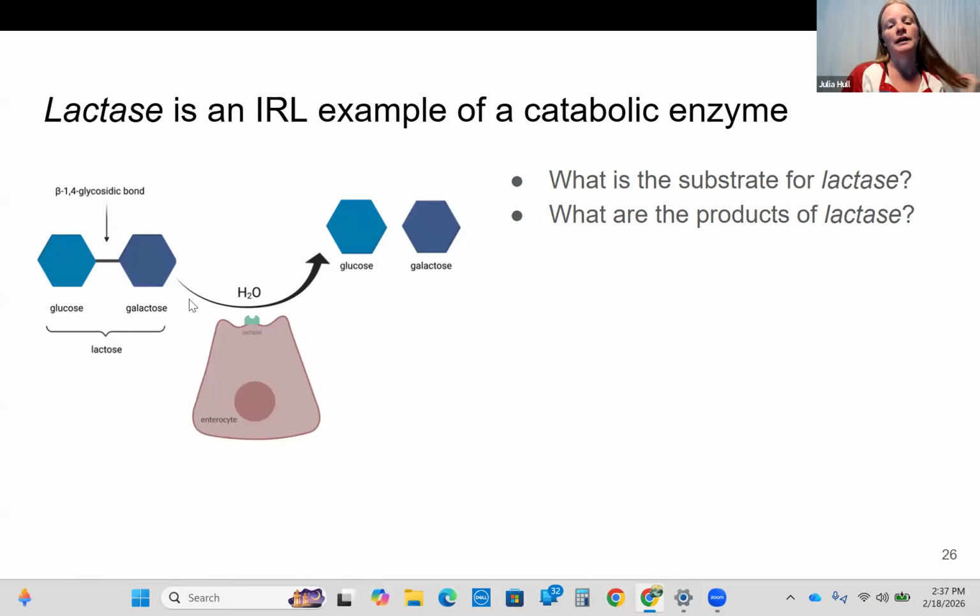Okay, so the active site of lactase has to fit the three-dimensional shape of lactose. Okay, so now you guys can tell me what the substrate for lactase is and what the products for lactase are, because I just told you. I'm not going to tell you again.